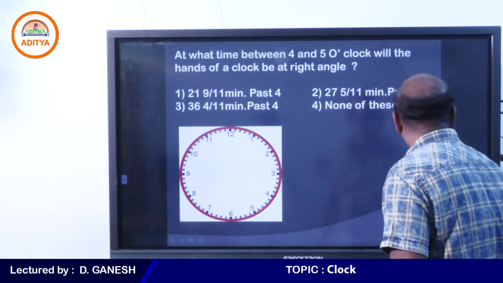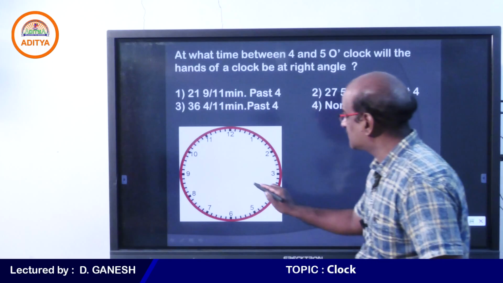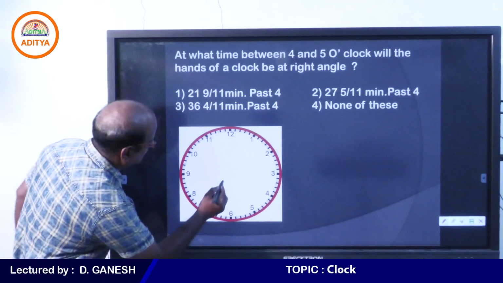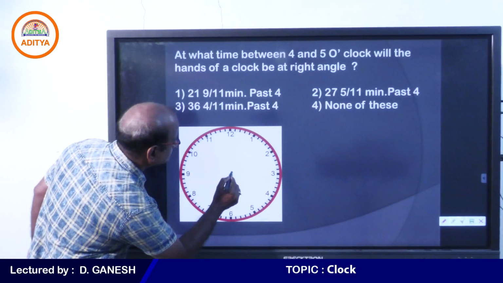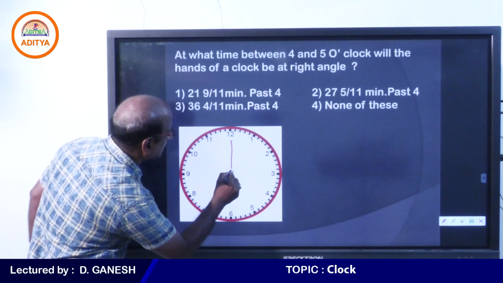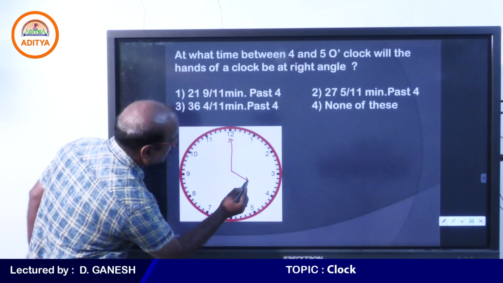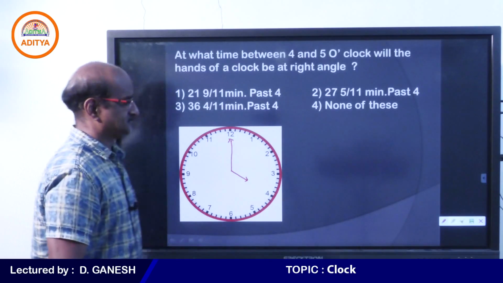Now the time is 4 o'clock. The minute hand is absolutely on 12 and the hour hand is absolutely on 4.